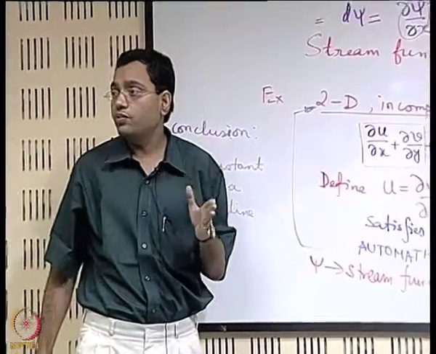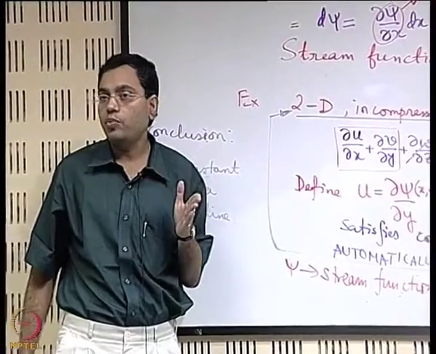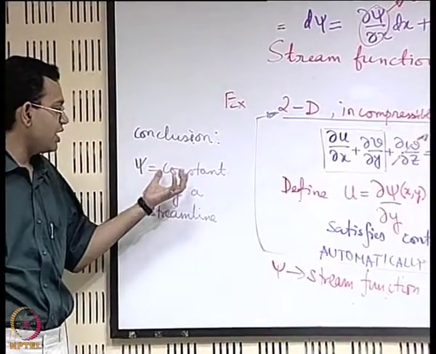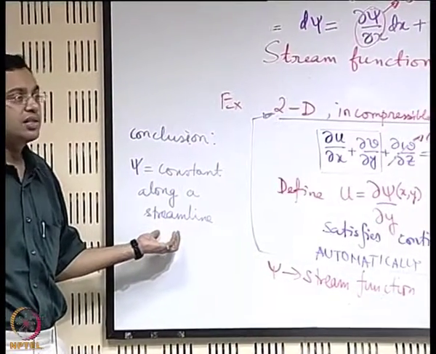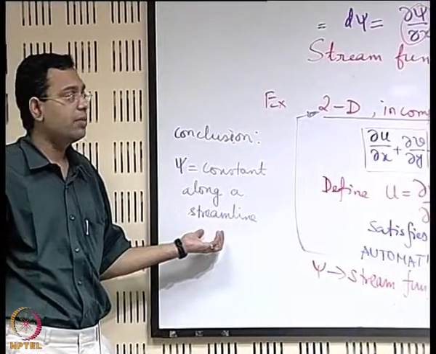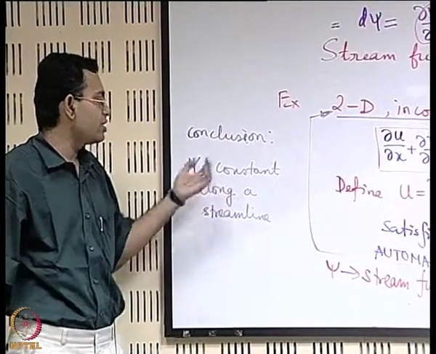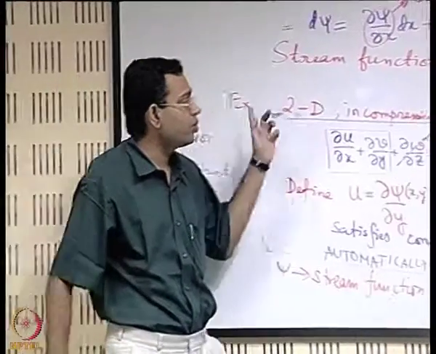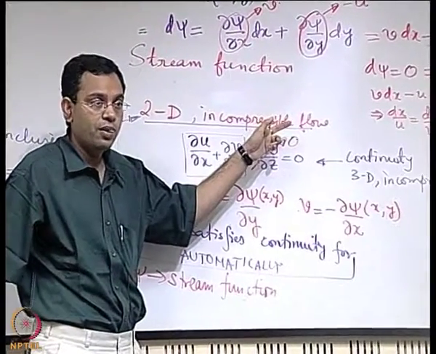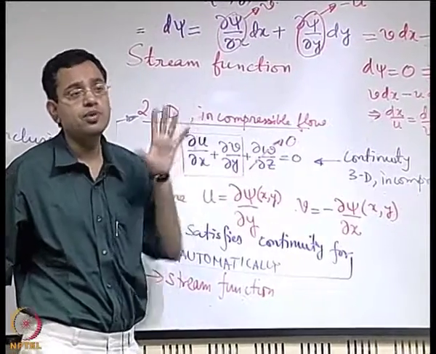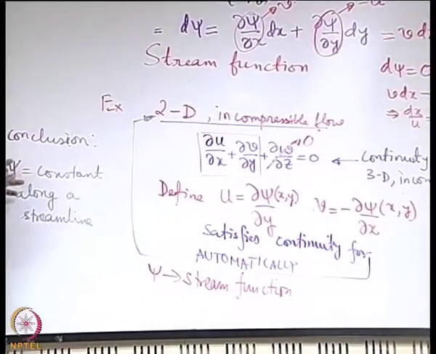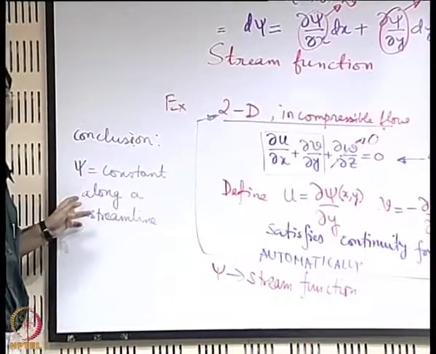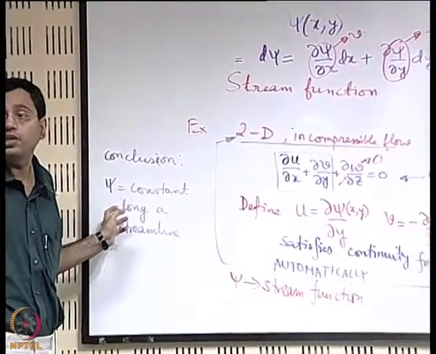Another important thing you have to keep in mind. What is that important thing? When you say psi equal to constant along a streamline, you should not be confused that psi is always defined. When psi is defined, it is only defined for 2-dimensional incompressible flow. A streamline is defined for all types of flow. So this relationship is not for all types of flow; it is only for that case when both are there.